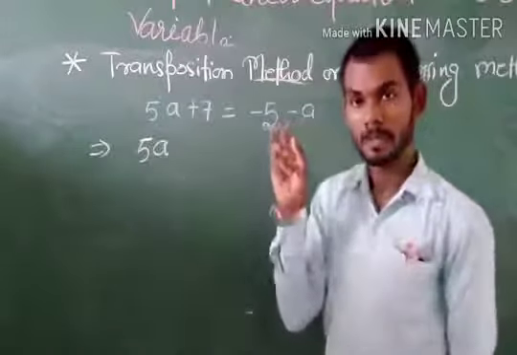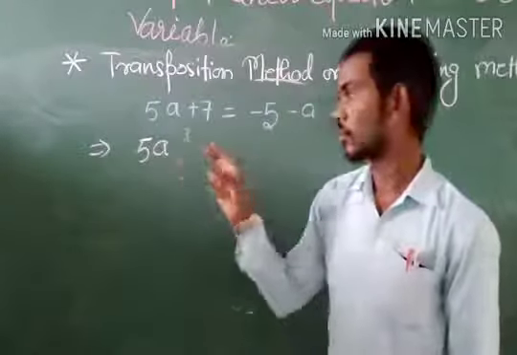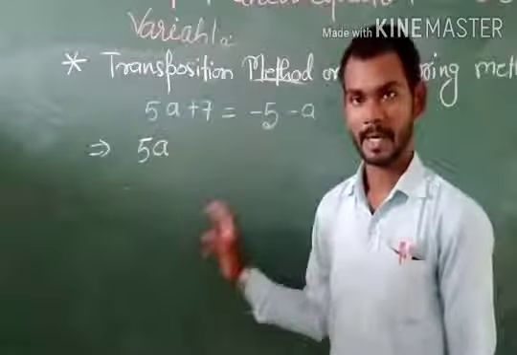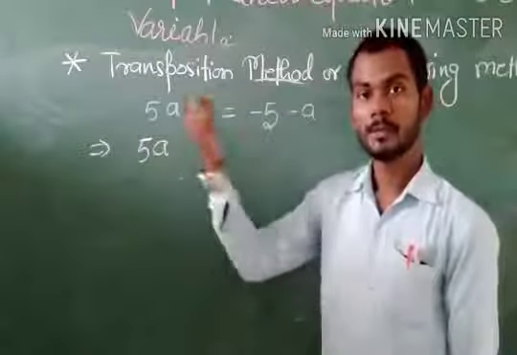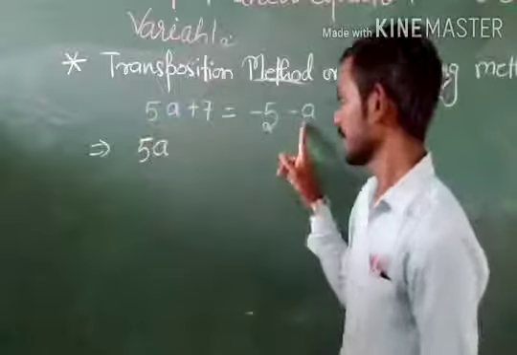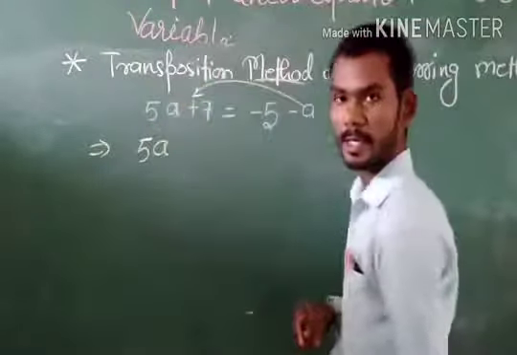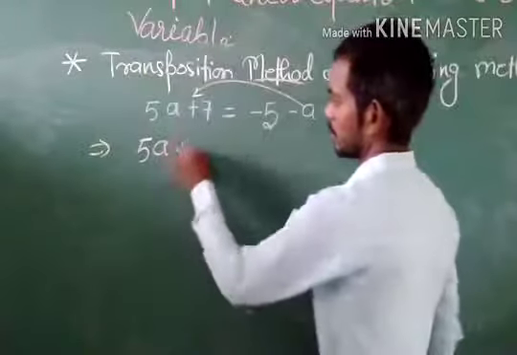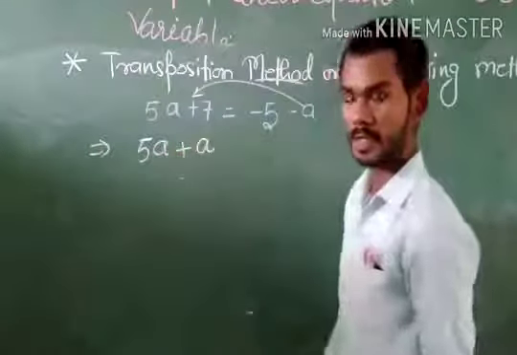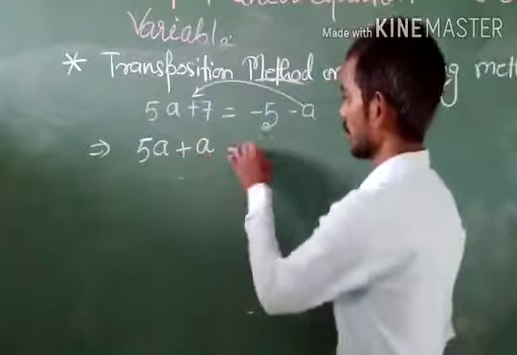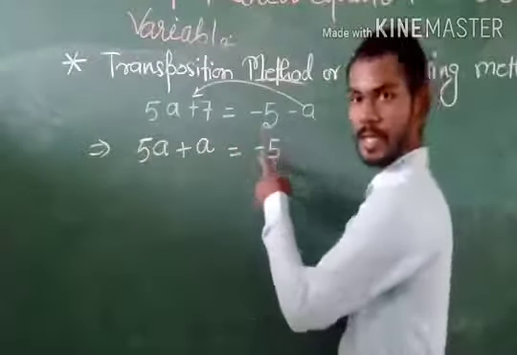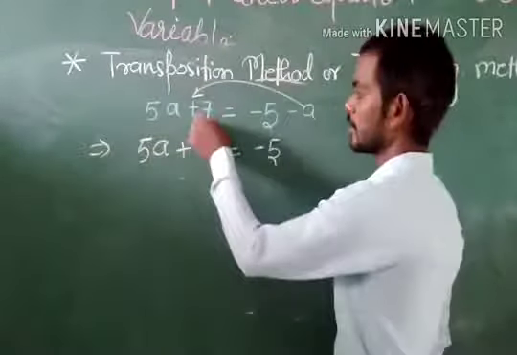When a negative sign goes from left to right or right to left, it becomes a positive sign. So minus a, when transferred to the left hand side, becomes plus a. Similarly, minus 5 will remain as it is, and plus 7.